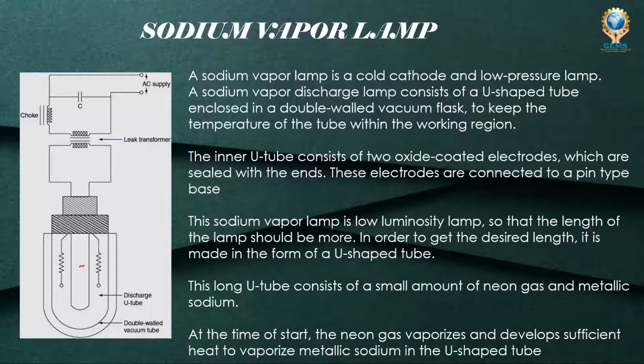First the neon gas will be vaporized, and it will develop heat to vaporize the metallic sodium. This is the supply, connected through a choke, and this is a leakage transformer connected to the base.